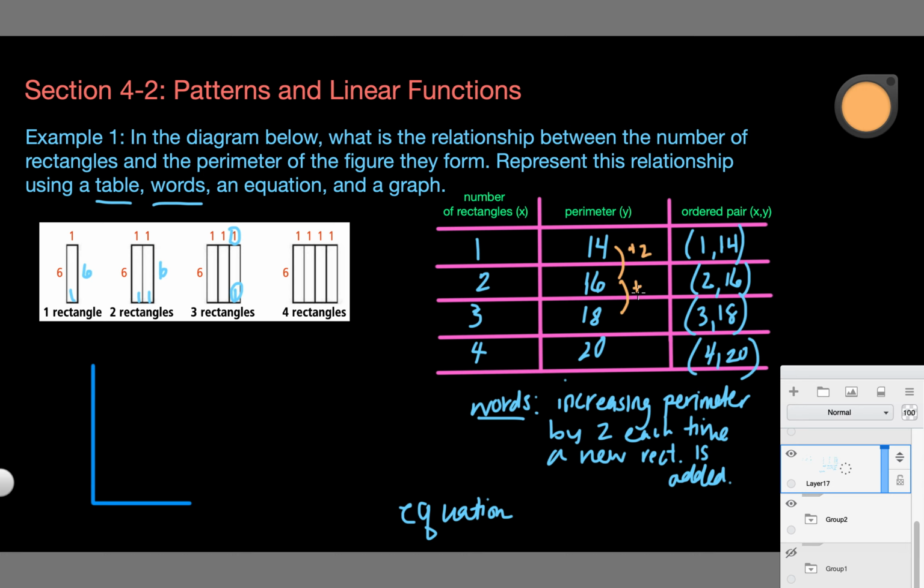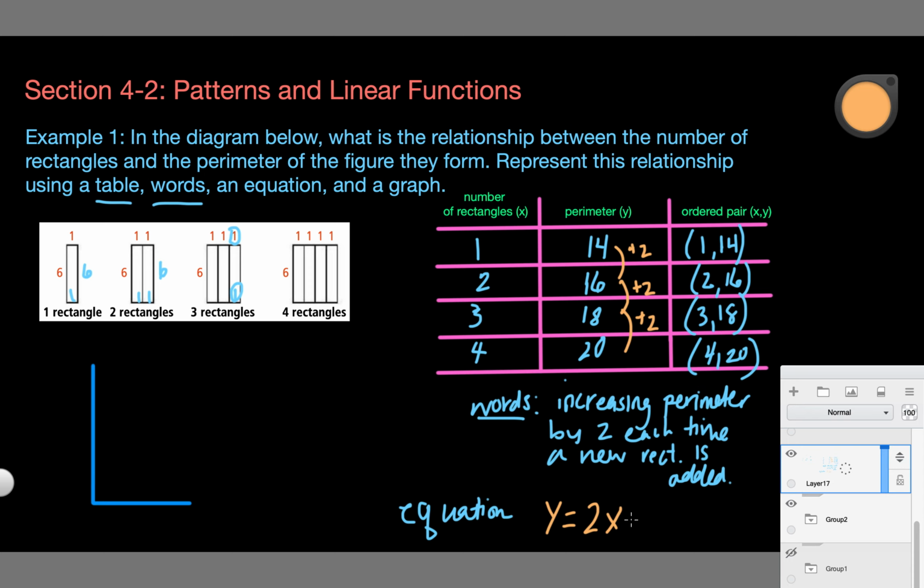We go from 14 to 16, from 16 to 18, and from 18 to 20. So what we're going to do is we make our equation y equals, y is our perimeter, so our perimeter equals 2 times x.